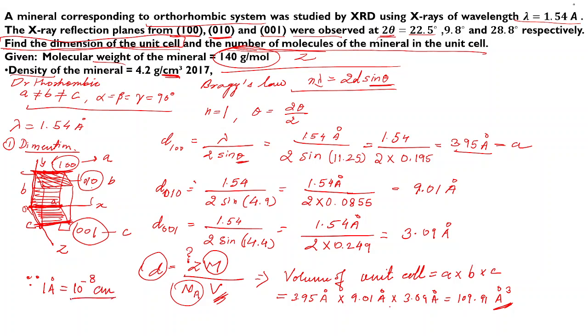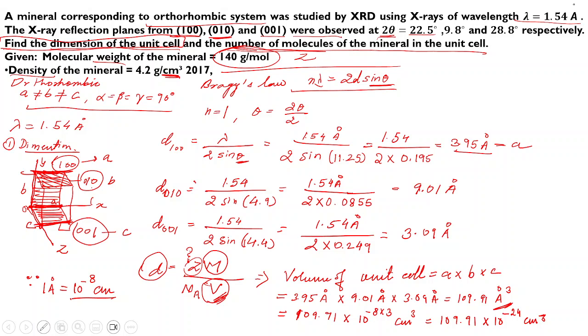So when you put this value here, you will find your answer would be 109.91 multiply by 10 to the power minus 8, and it has a power of 3, multiply by 3, and you can convert it into centimeter cube. So 109.91 multiply by 10 to the power minus 24 centimeter cube. So this is the value of your volume. Now we can easily calculate the value of Z by putting all the values in the formula.